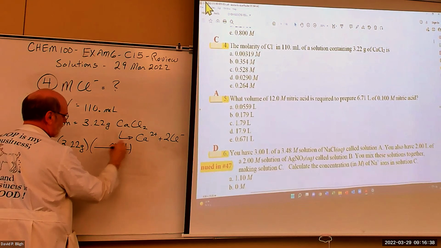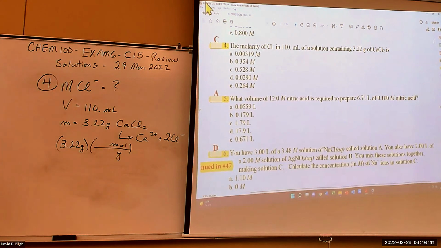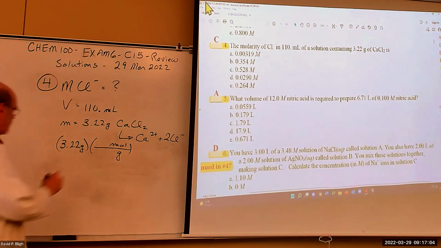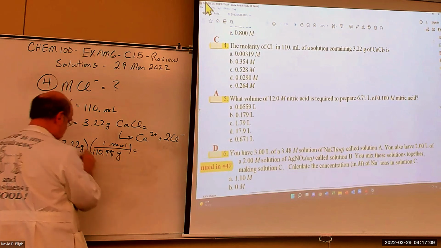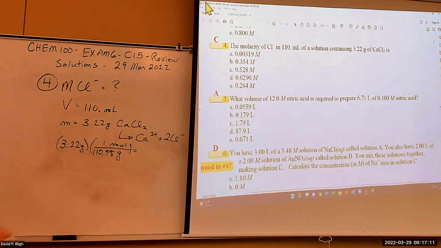Grams, moles. So we need a molar mass for calcium chloride. Let's see, calcium is 40.08. And 2 chlorines, 35.45 times 2. Add that in there. So that's 110.98. Grams cancel, leaves us with moles.